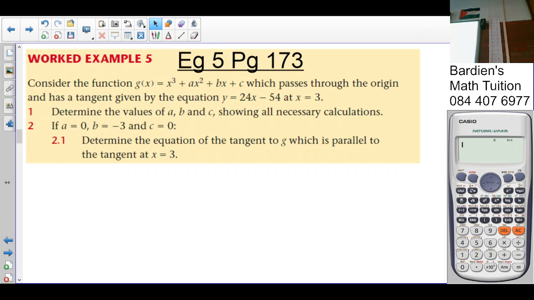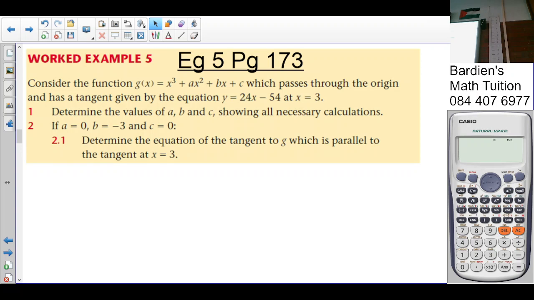Consider the function g of x equal to x cubed plus ax squared plus bx plus c, which passes through the origin and has a tangent given by the equation y is equal to 24x minus 54 at x equal to 3.